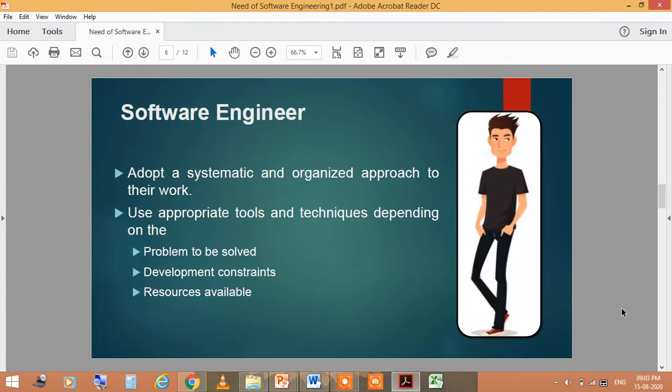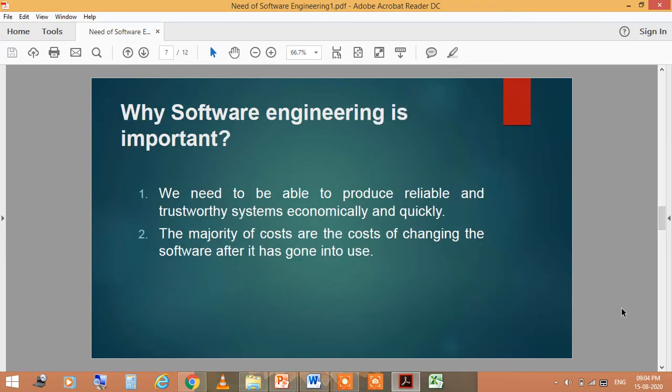Now come to the software engineer. The software engineer adopts a systematic and organized approach to their work, and uses appropriate tools and techniques depending on the problem to be solved, development constraints and resources available. Now the question is, why is software engineering important?